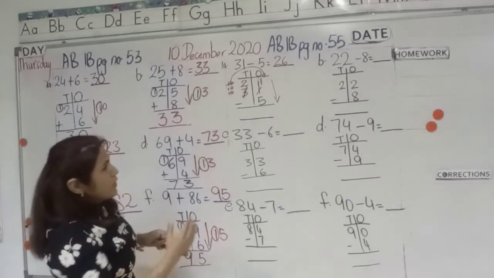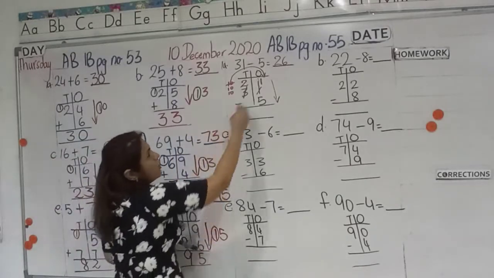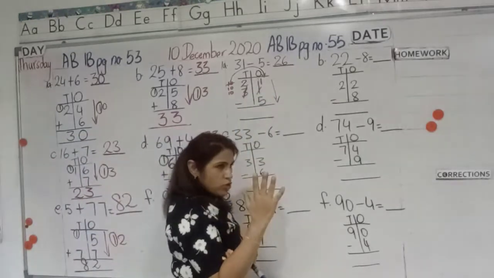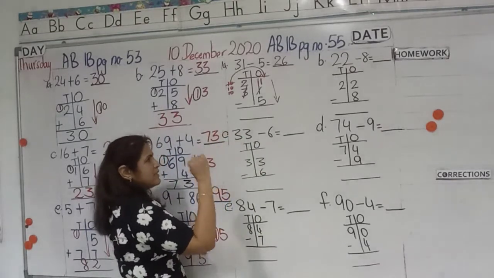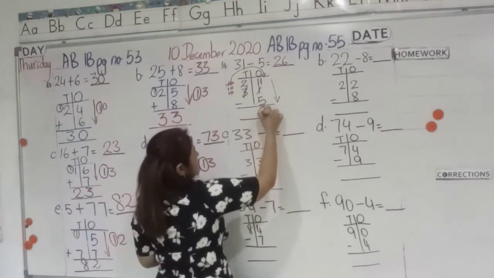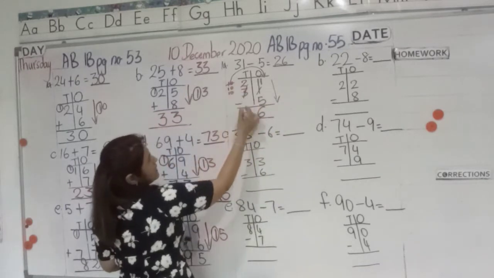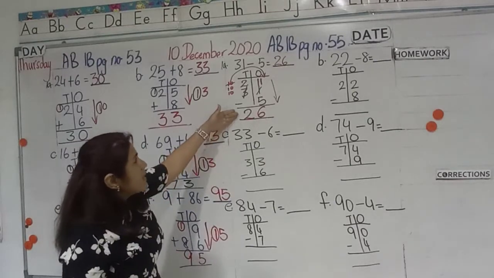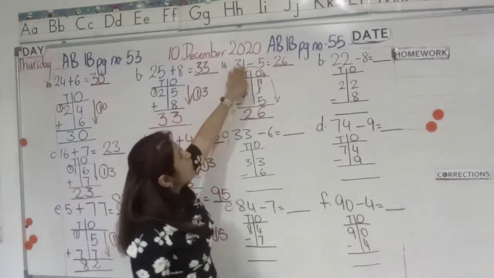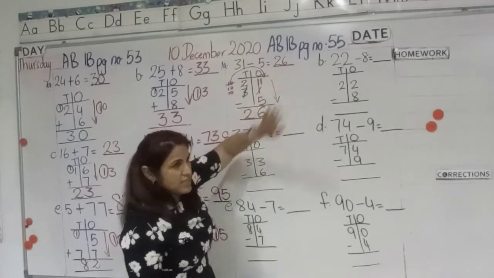So now in this equation we do 11 in your brain, 5 on your fingers, backward count: 10, 9, 8, 7, 6. So 6 is here and 2 minus nothing is 2. So your answer is 26. Just now we did mental maths and we got the answer 26.